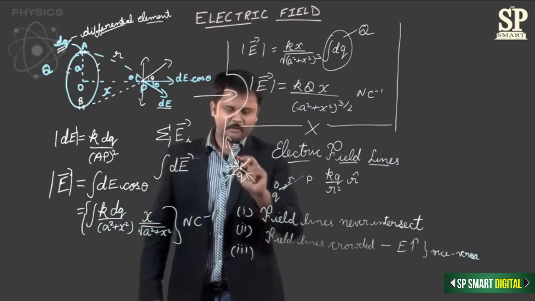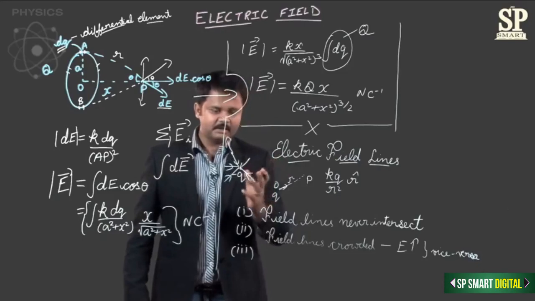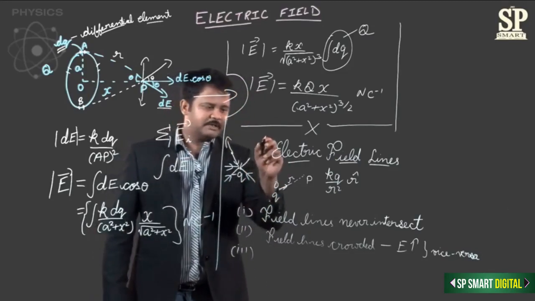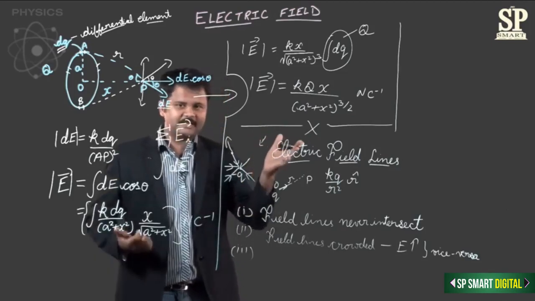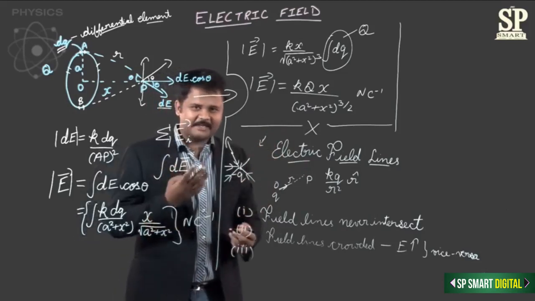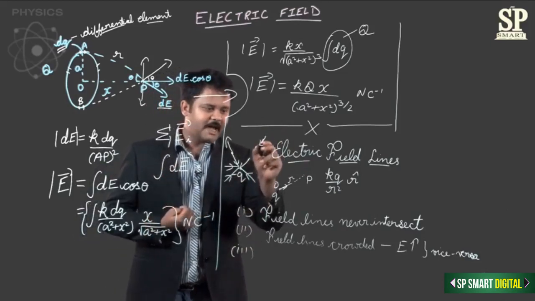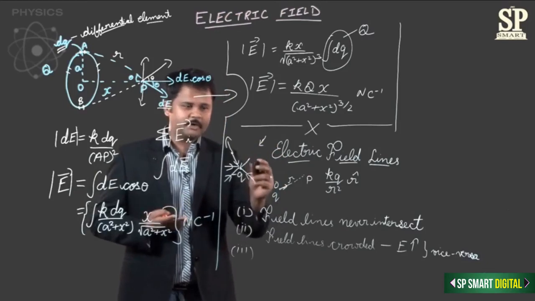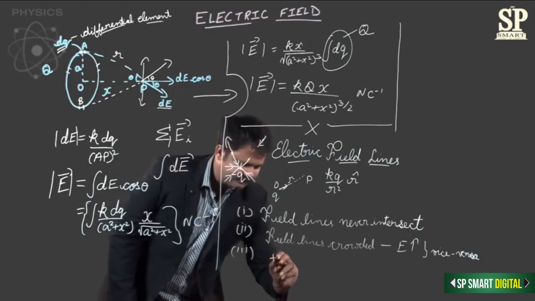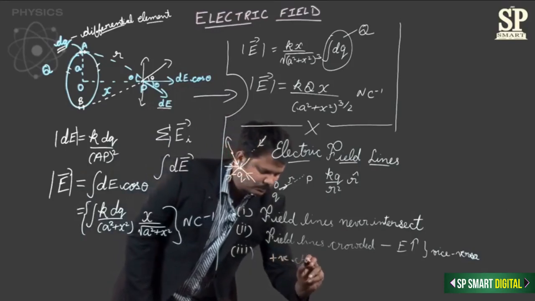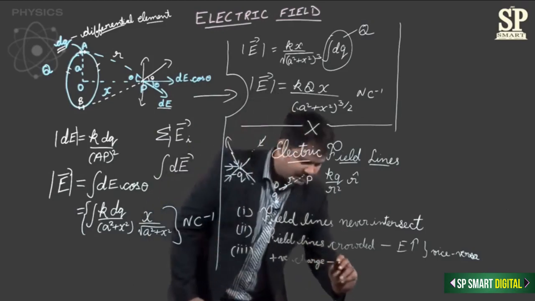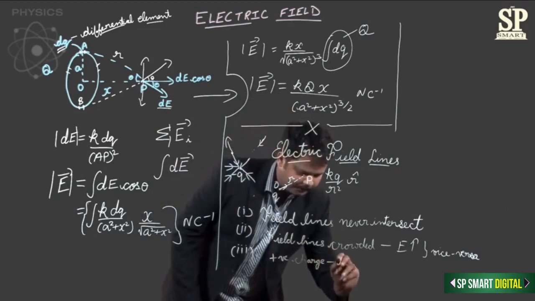So the direction of forces will be away from the source charge, and when we have a negative source charge, then the forces will be attractive because the test charge is positive in both the cases. So to depict these attractive forces, you see that the direction of the field lines is convergent towards the source charge. So positive charge, field lines originate from positive charges. That's a way to write it.